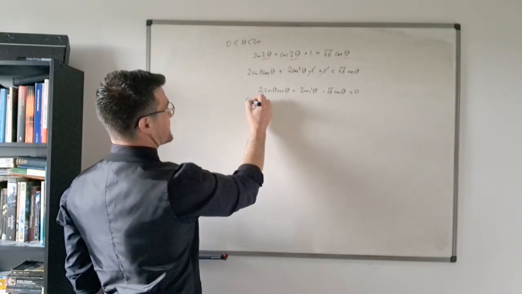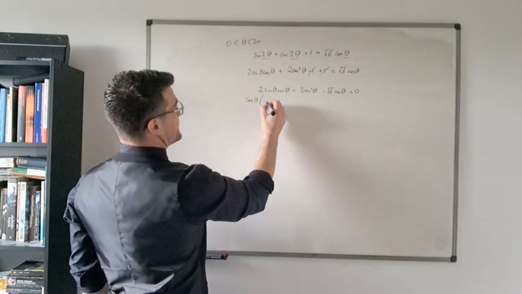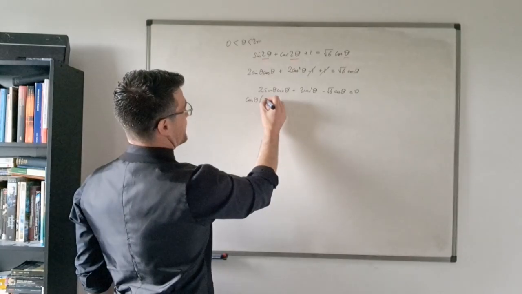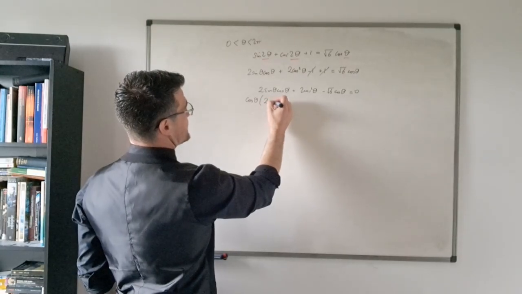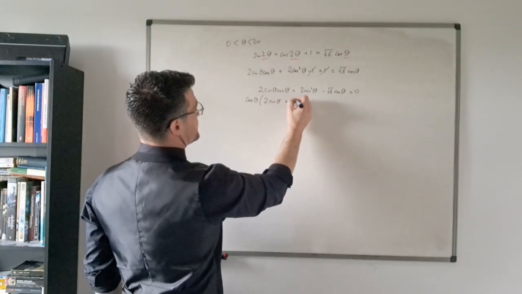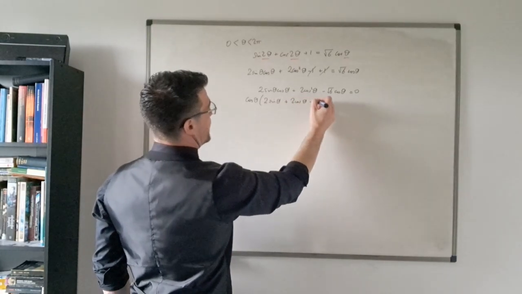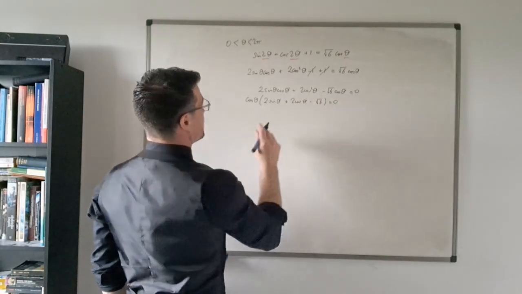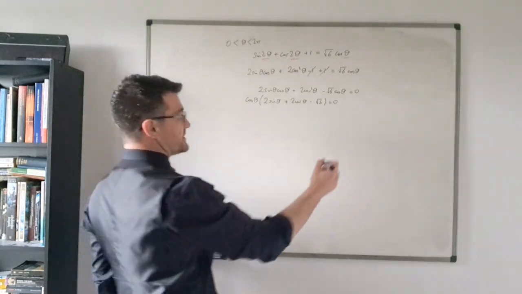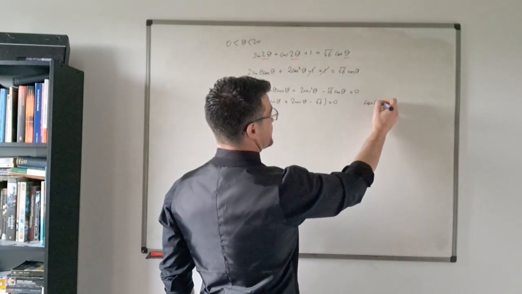Take the cos theta out as a common factor. So what am I going to be left with? I'm going to be left with 2 sine theta plus 2 cos theta minus the square root of 6 equals 0. So one possible solution to this is going to be cos theta equals 0.